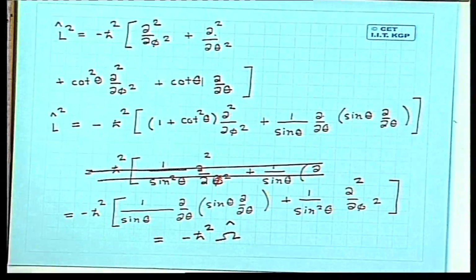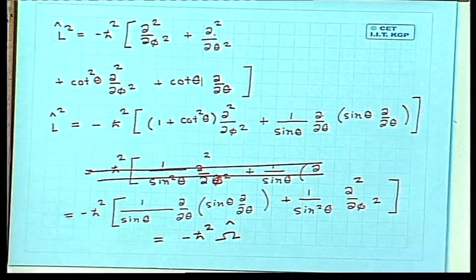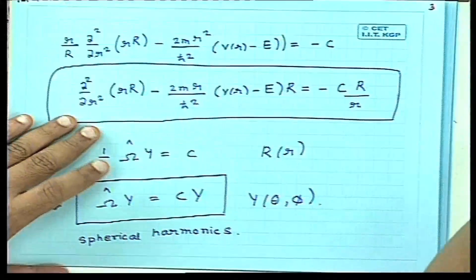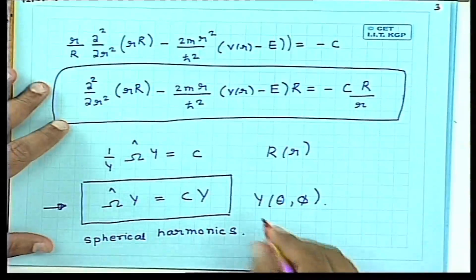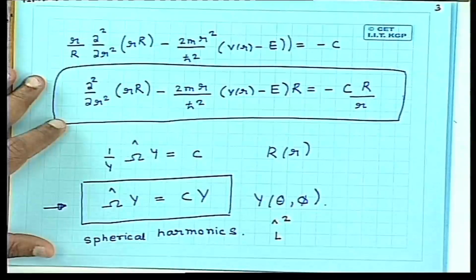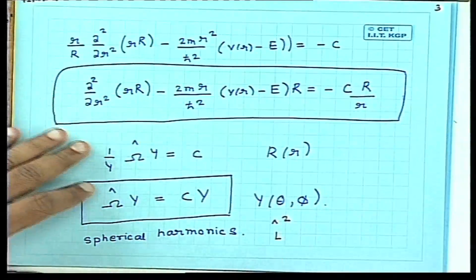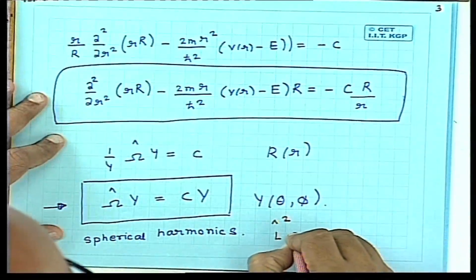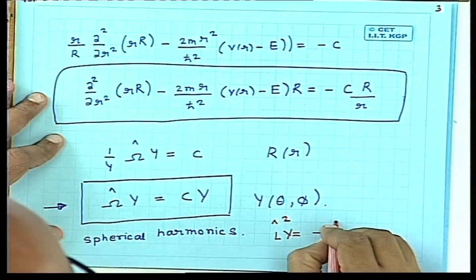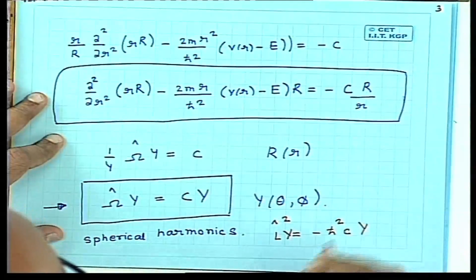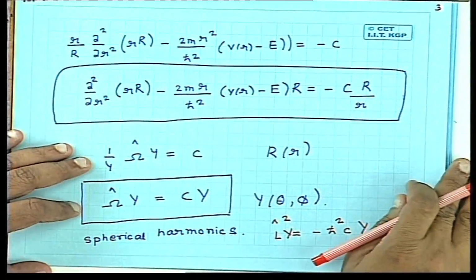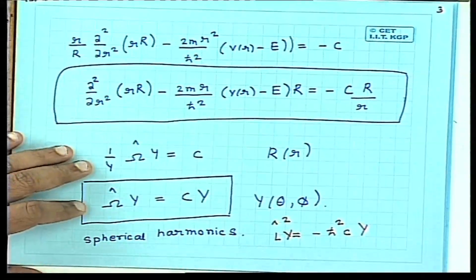So this is the first point I would like you to note. Solving the Schrodinger equation for a particle in a spherical potential reduces to solving this equation, L square y is equal to minus h cross square c y, because the operator omega is L square by minus h cross square.